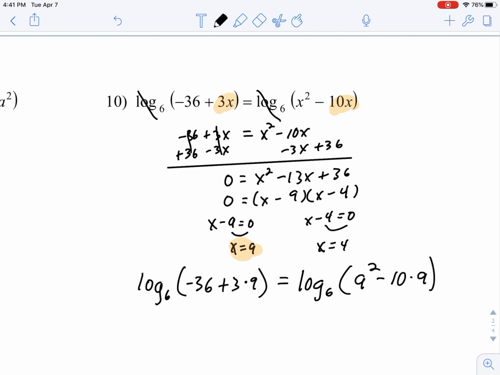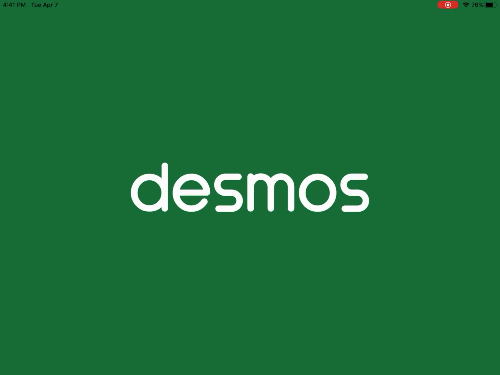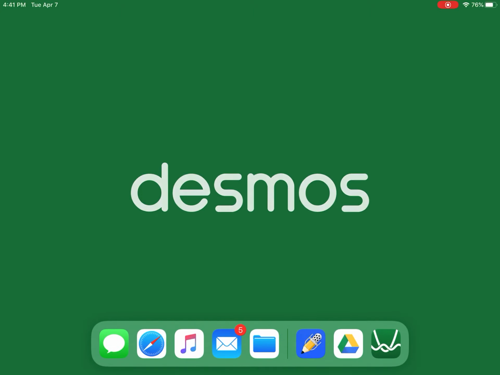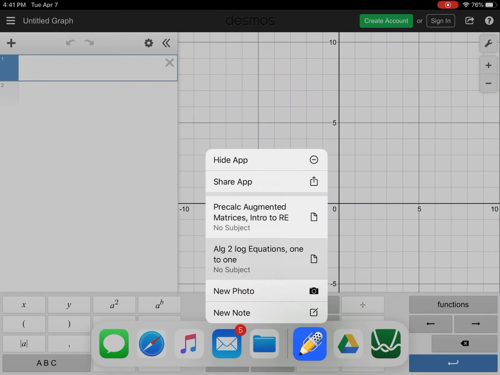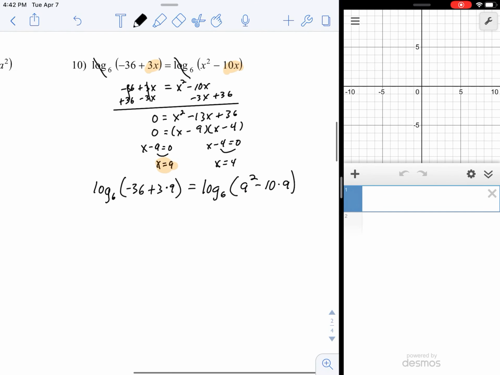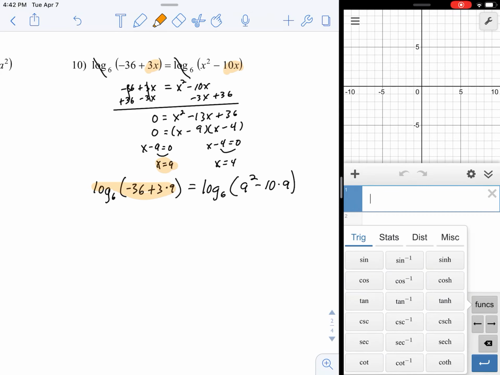Well, we're going to be doing logarithms here, so a calculator would help. I should have had this pulled up already. Sorry about that. So let me do this in a calculator. So function, miscellaneous, log a.